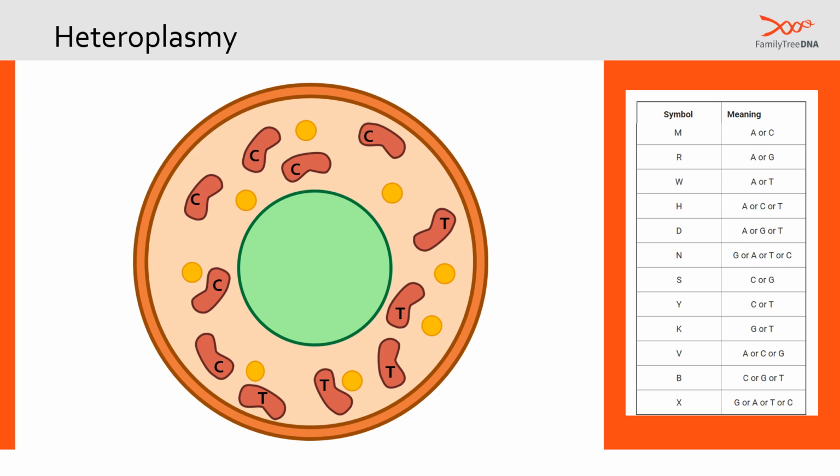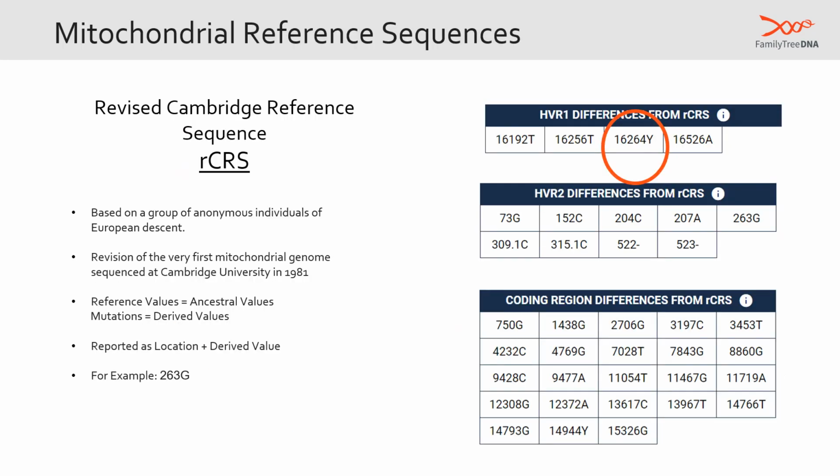And you can find this chart and other information in our Help Center. Now we know that when we see a location followed by a letter other than A, C, T, or G, it represents a heteroplasmy. In this case, it represents either a C or a T.